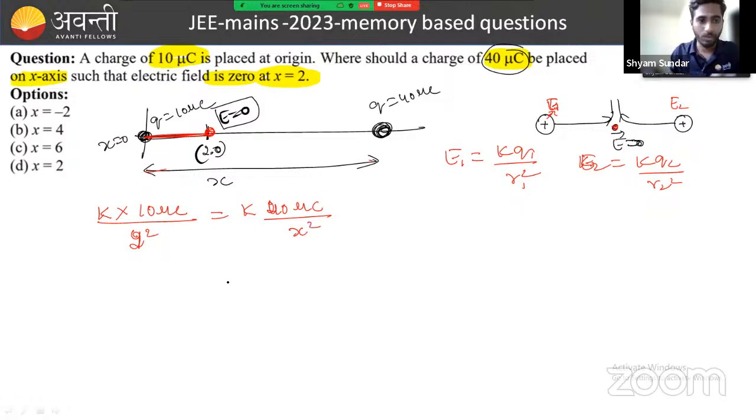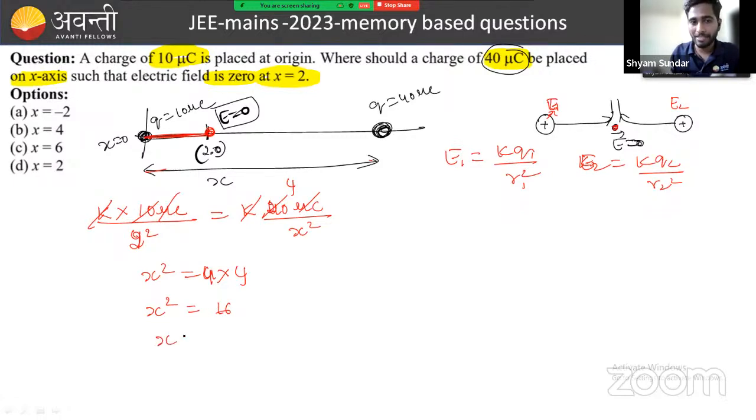Now k cancels, microcoulomb cancels, then 10 ones are 10, 10 fours are 40. Then x square is equal to 4 times 4, which simply gives x square is equal to 16.